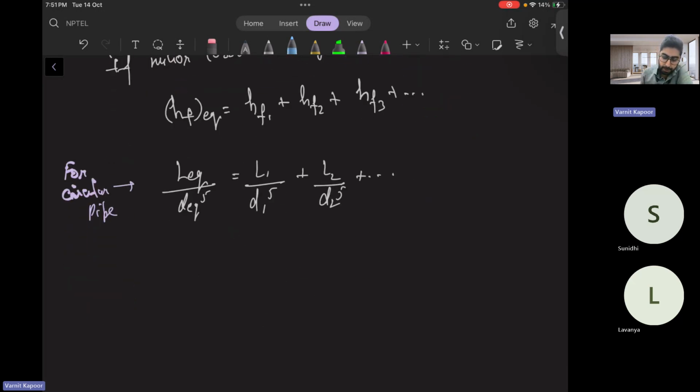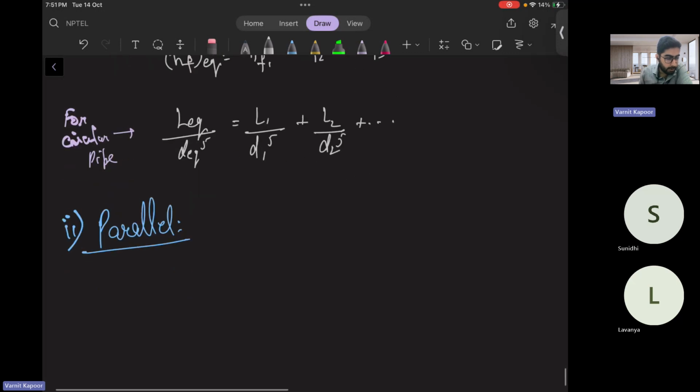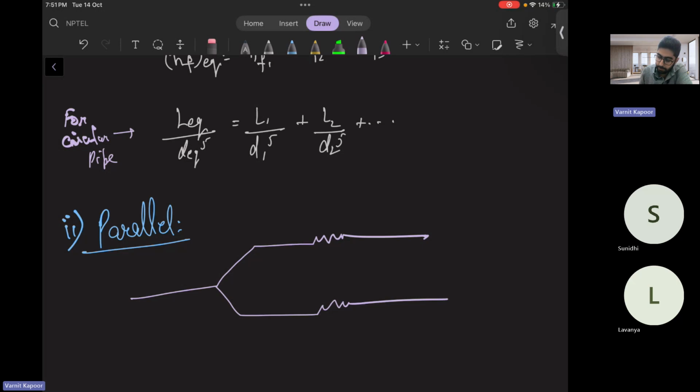So I'll write here parallel scenarios. It's a scenario like this: suppose my flow rate was Q here and it got distributed into Q1 and Q2.